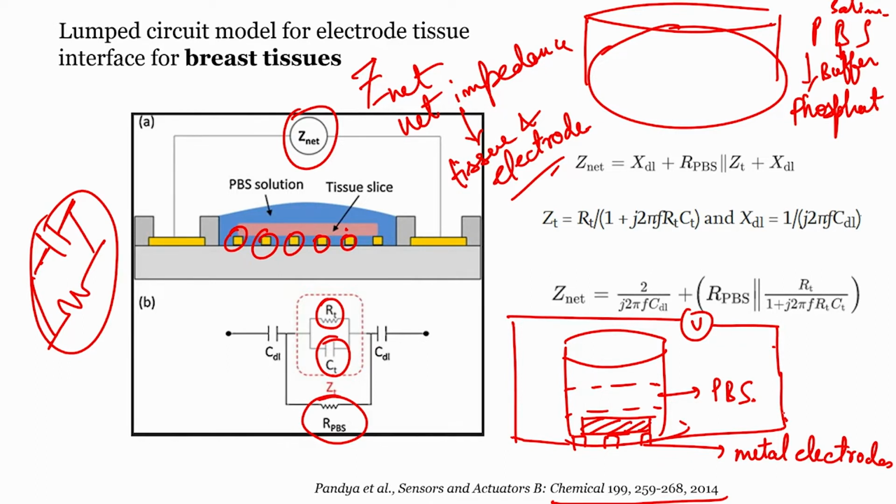Now what we can see from here is the resistance offered by the PBS, if this is the resistor, I can draw it here, and the resistor capacitor combination, which I will draw here. If you see this together, you can easily make out that these two are in parallel combination.